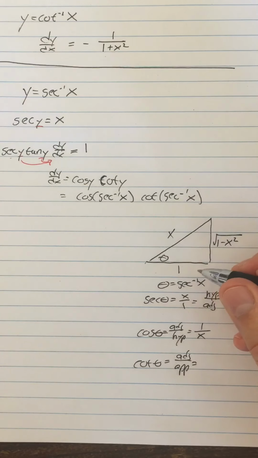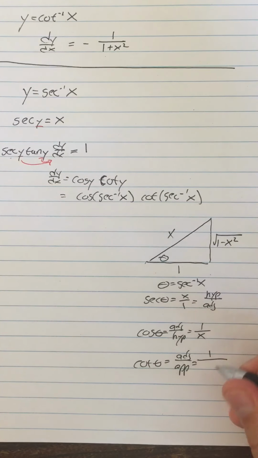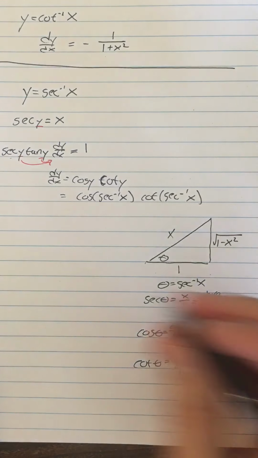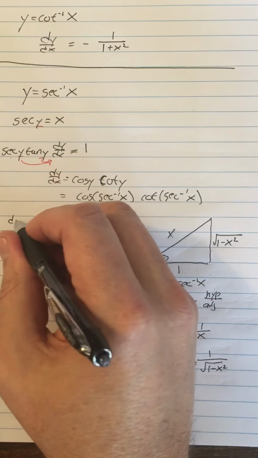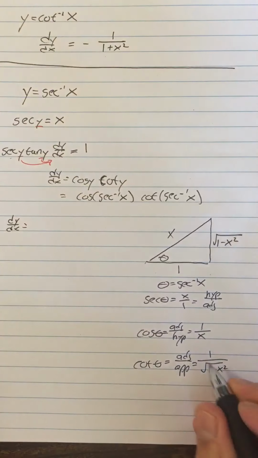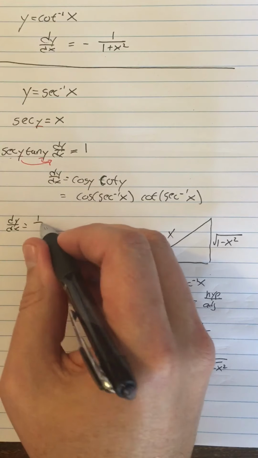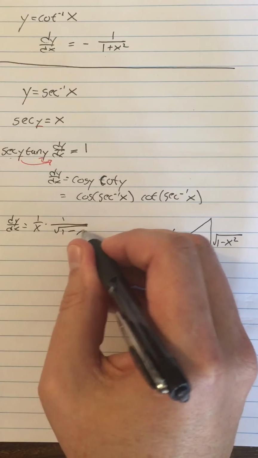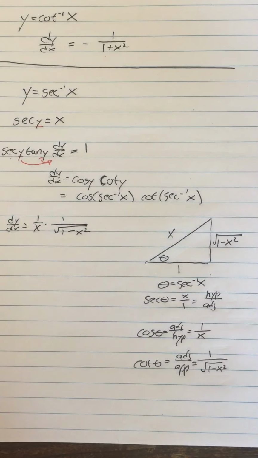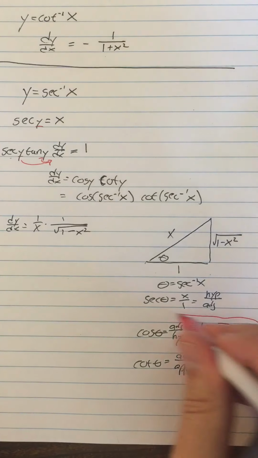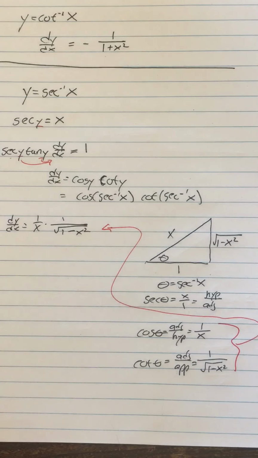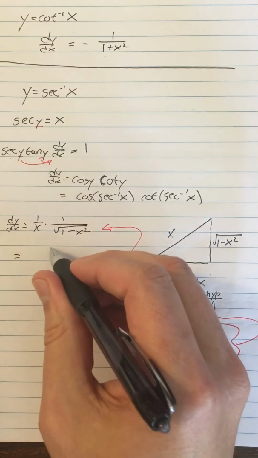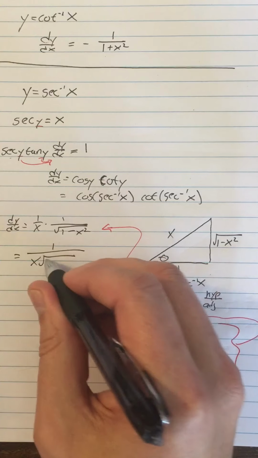Okay, so our adjacent side is 1, and our opposite side is the square root piece. Okay, so our dy dx is the product of these two things. It's 1 over x times 1 over the square root. Right? So taking these two things together, we get that. Okay, so that we can simplify to 1 over x times the square root.